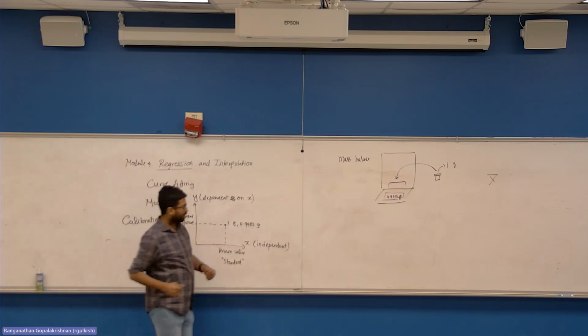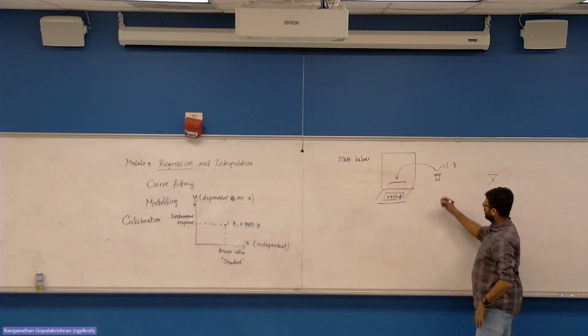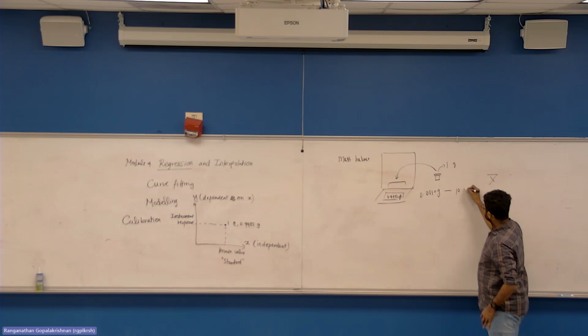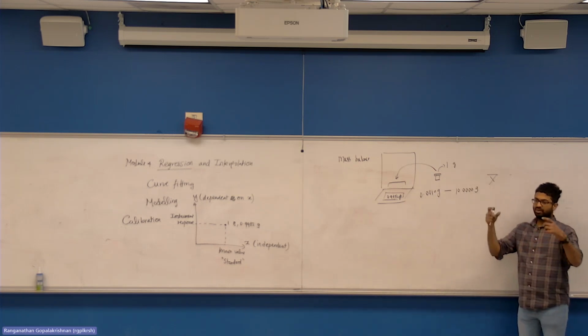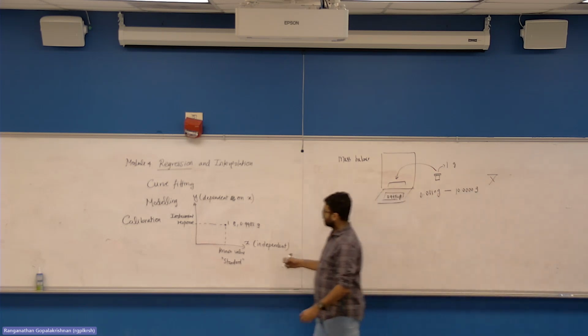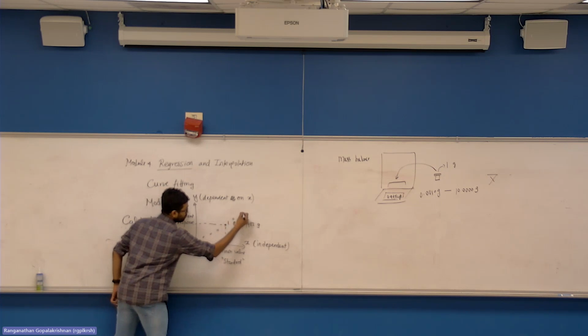I'm tasking you with the goal of calibrating this balance in the range of, let's say, 10 milligrams to 10 grams. I'm giving you a block set which has masses of each known standard value, so you can do this sort of calibration.